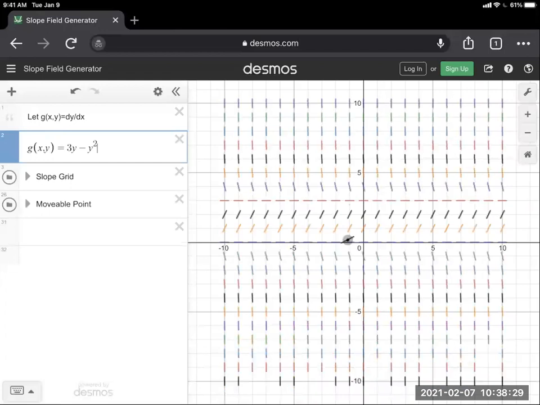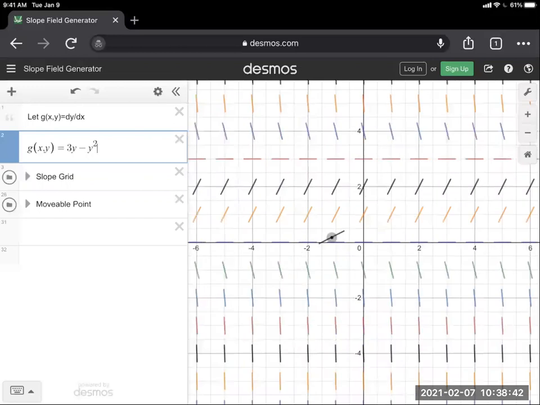So if we look from the top, our solution curves are coming nearly straight down. And then as we approach x equals 3, they start slanting toward it. And if you want to zoom in here, you can see a little bit better how they're sloping toward that equilibrium solution right there at x equals 3. I'll back out again.